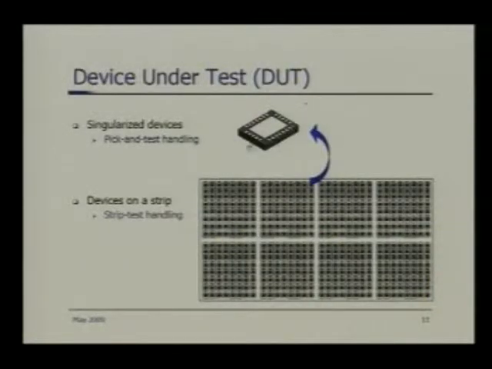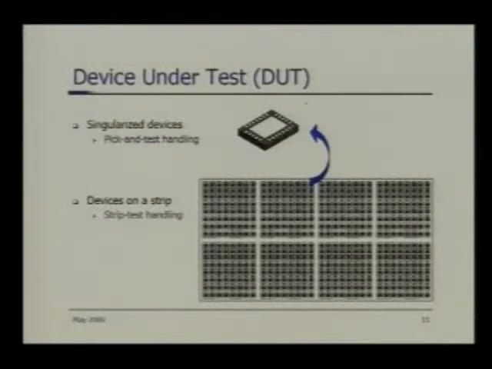Suppose the wire bonder started from this location and bonded out all of them, and the gold bonding material that it is using to connect the die pad to the package pin has run out. It will appear as an open circuit, so there will be no connectivity between the die pad and the package pin. You have to catch that also, right?